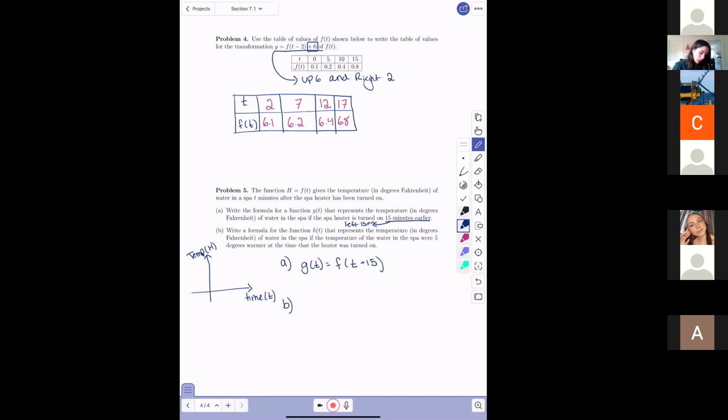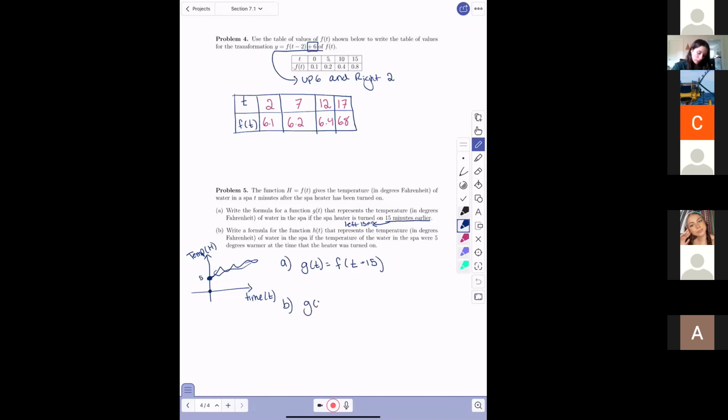So if it initially was 0 degrees down here, but now imagine that it's 5 degrees warmer when it's turned on. So say this is 5, it starts out here. I don't know what this function looks like. It could look like anything, but the initial value is 5 now.